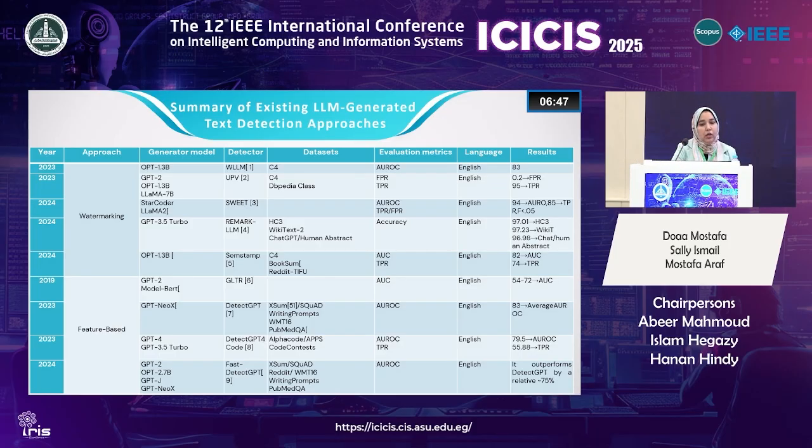In the feature-based approach, some techniques work by focusing on token level probability, and other techniques work by generating many versions and computing similarity between the different versions and the original text.